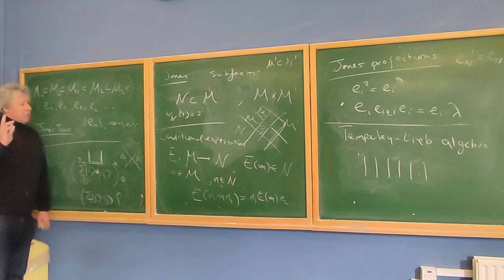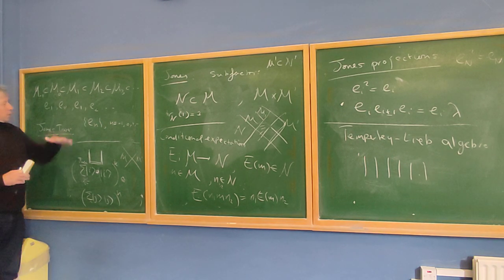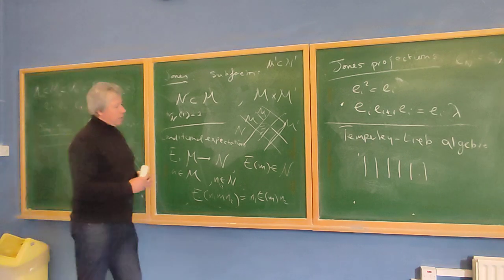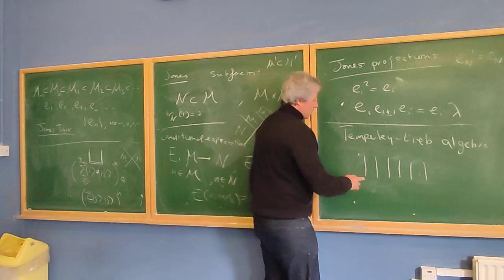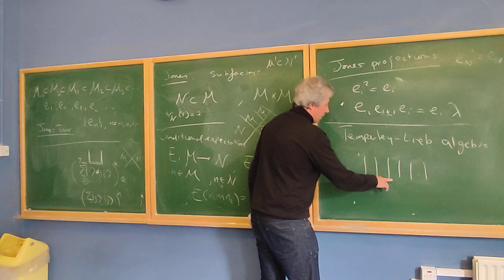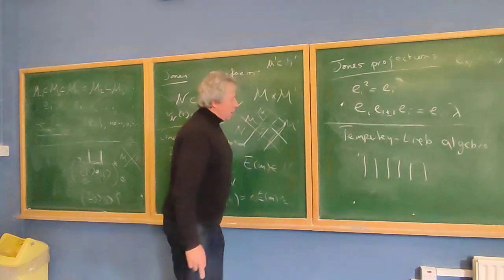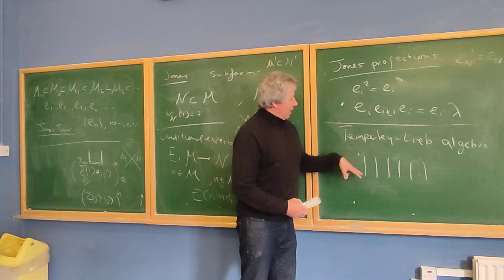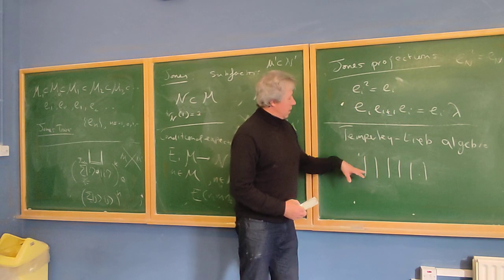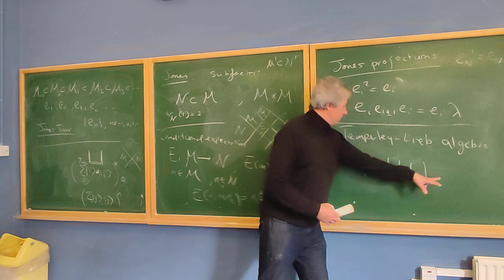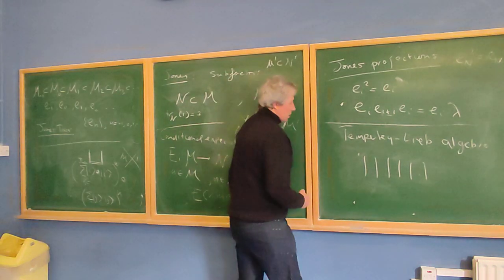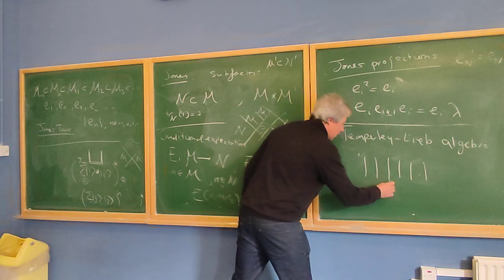The state that we started from, remember when I constructed my representation, was the identity state. The identity state in the GNS representation of N3 can be thought of as entangling all of these lines with partners on the other side. The projector does the same thing, it entangles these two.